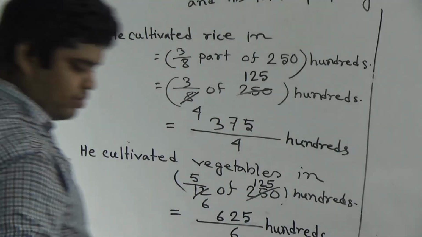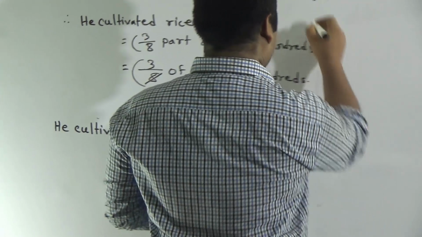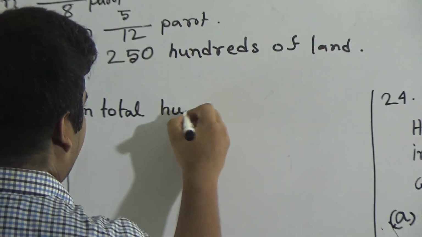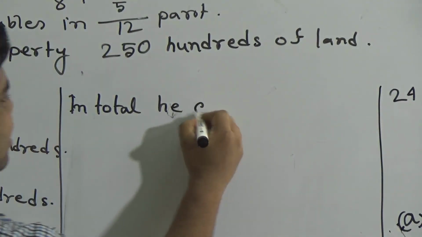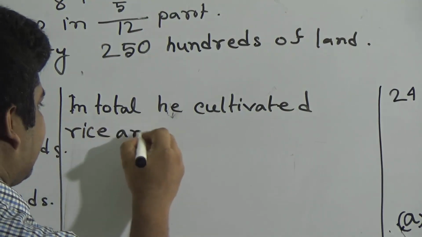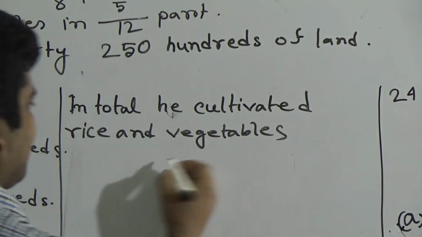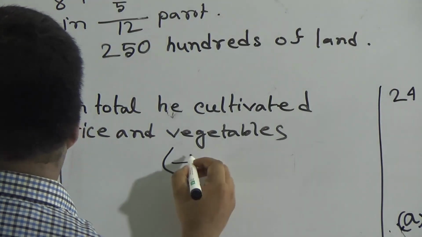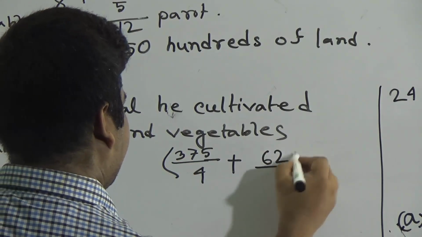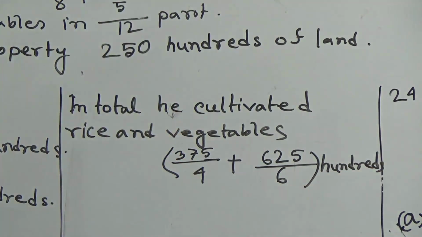So in total he cultivated rice and vegetables: 375 divided by 4 plus 625 divided by 6 hundredths. I hope you have understood.